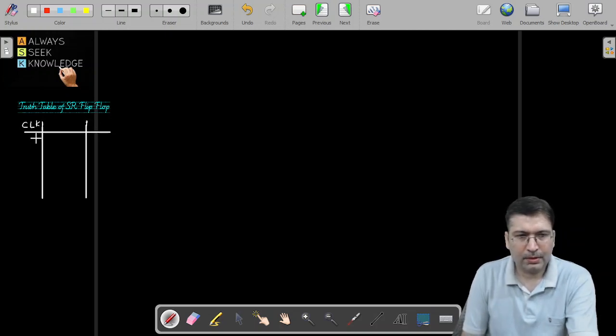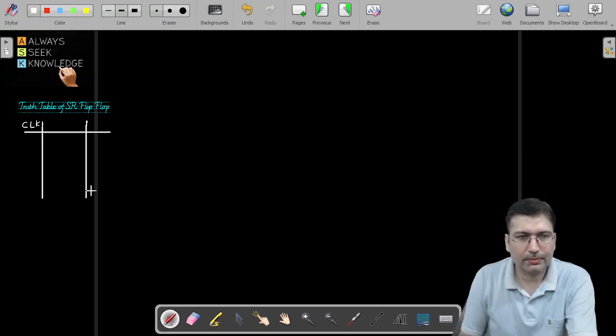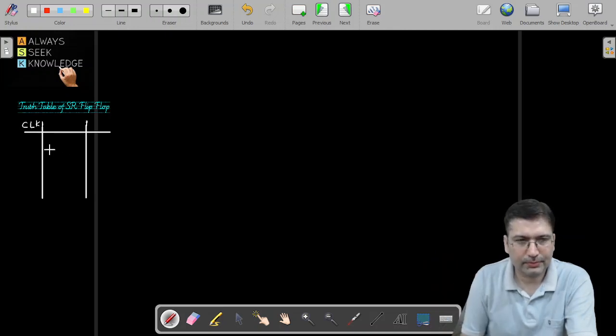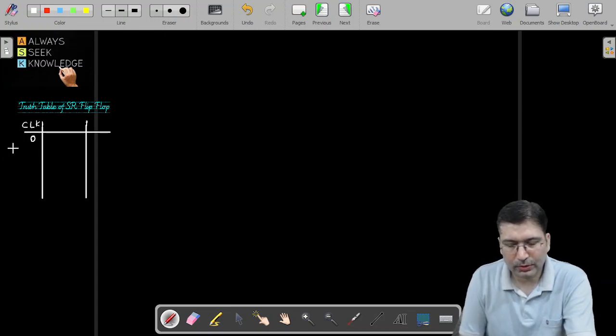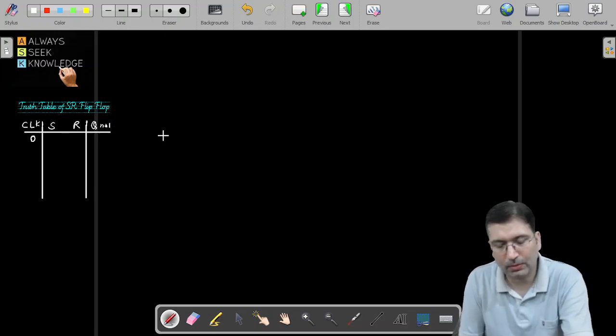Okay, so until and unless the clock is high, the output will not change, and the flip-flop will retain the previously generated state. So that you people are clear, right? Now if you assume the clock is 0, and we have the S pin and R pin, and Qn plus 1, the newly generated state.